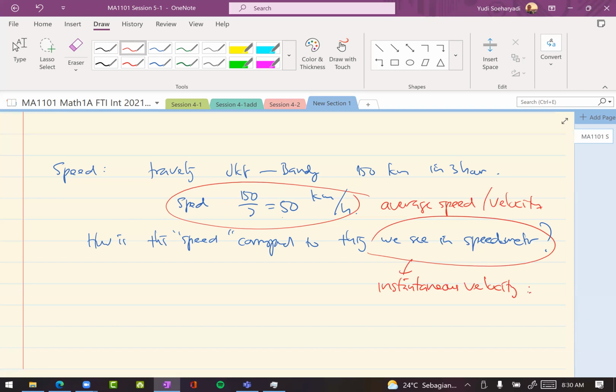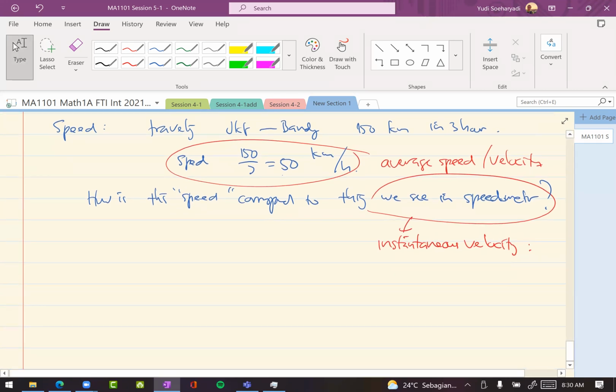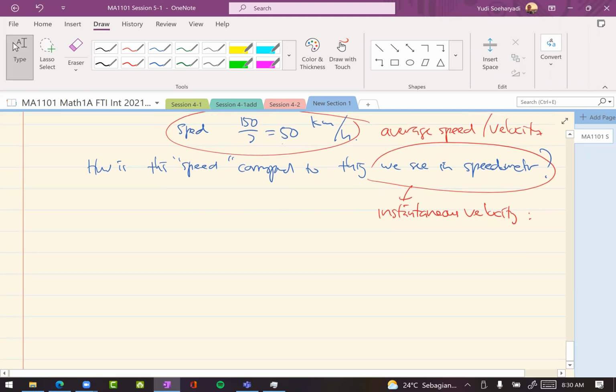So the thing here in computing instantaneous velocity is rather strange. How to compute? Let's see. Average speed is easy.